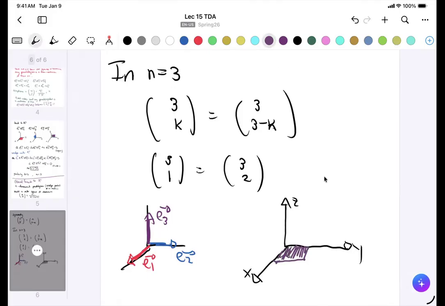This is a unit square on the zy plane. And this is the other unit square in the xz plane.